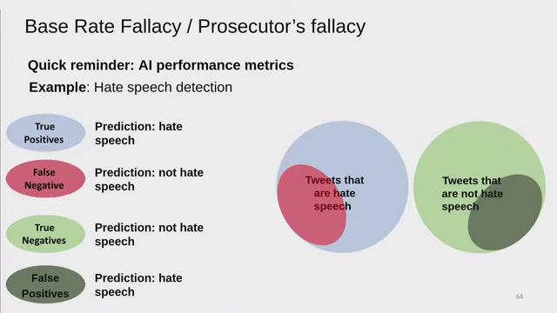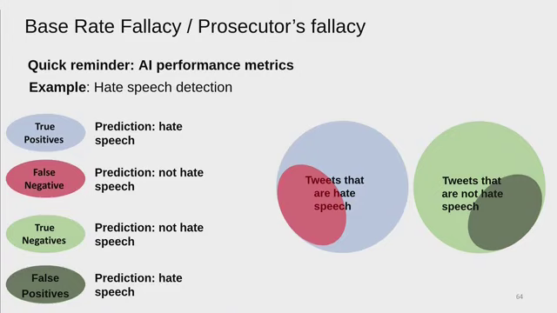Tweets that are hate speech and predicted as hate speech are true positives. A prediction that it's not hate speech, but it is hate speech, the red one, is a false negative. Prediction not hate speech in the green is a true negative, so this is correct. And the tweets that are not hate speech but are classified as hate speech are a false positive.